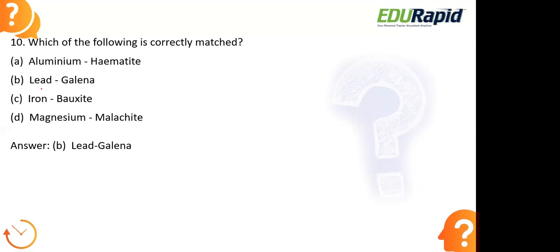So the right answer here is lead, galena. The correct option out of all of these is lead, galena. Here we have the ore on the right hand side.